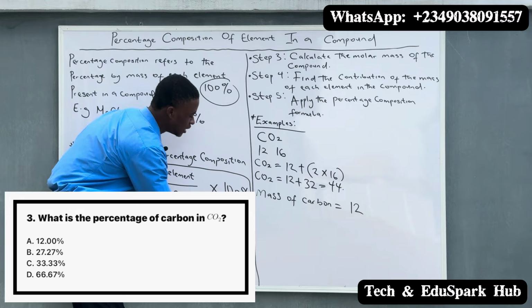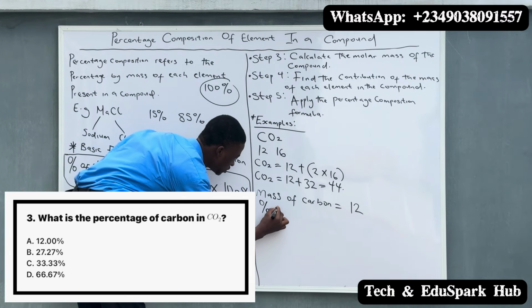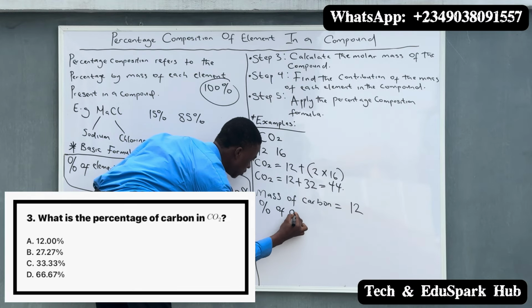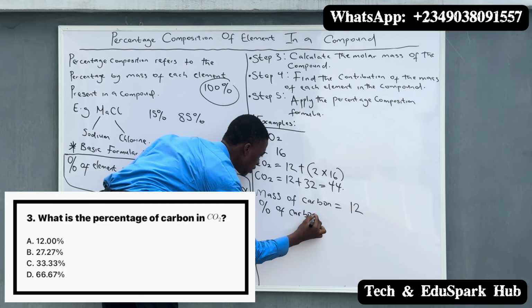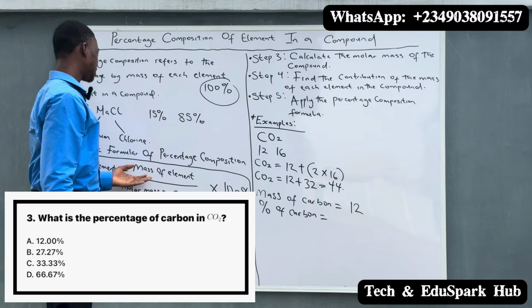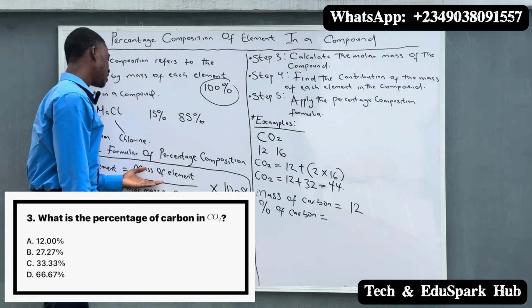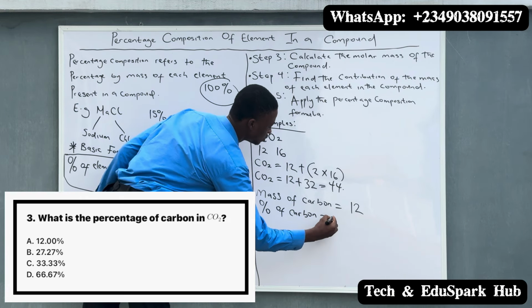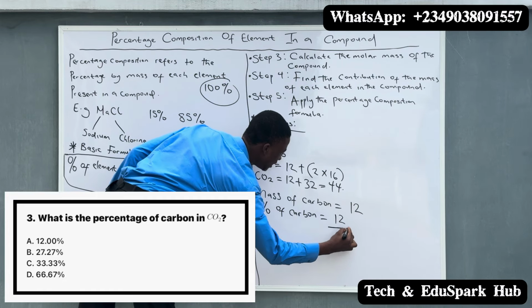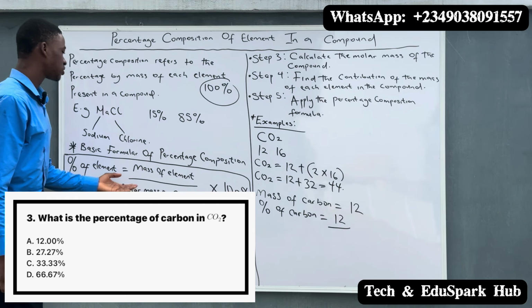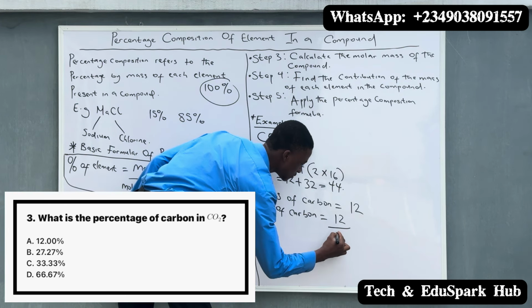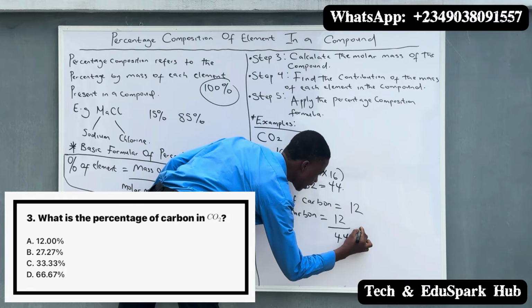So we have the percentage composition of carbon, which is the element, is equal to, so what is the mass of elements? So the mass of elements is the mass contribution of that element, which is 12, divided by, so we have the molar mass of the compound, which is 44 in this case, times 100.